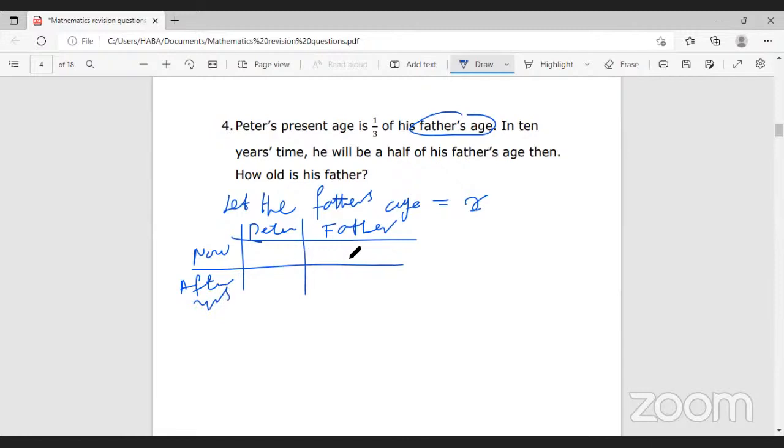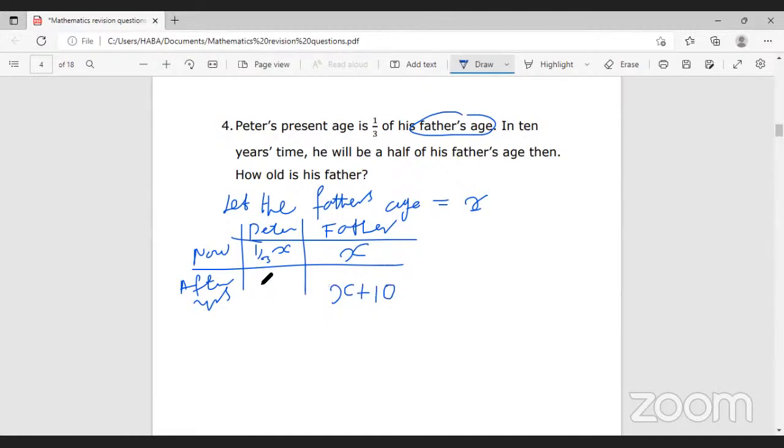So we are saying the father's age is now X. And now Peter's age is going to be 1 over 3 of the father's age, which is X. So that would be the present time. Then in the future, in 10 years' time, if we know X, we are just going to say this is X plus 10, because the father has now added 10 more years.